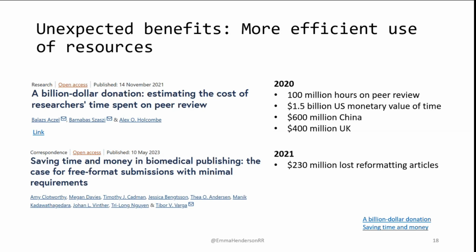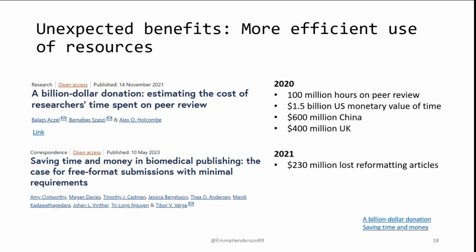So in a single year, 1 million hours, that's the equivalent of 15,000 years spent on peer review during that 1 year. And there's the value of that peer review in monetary terms: 1.5 billion US dollars in America, 600 million in China, and 400 million in the UK.